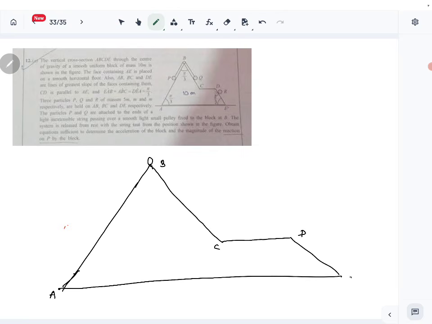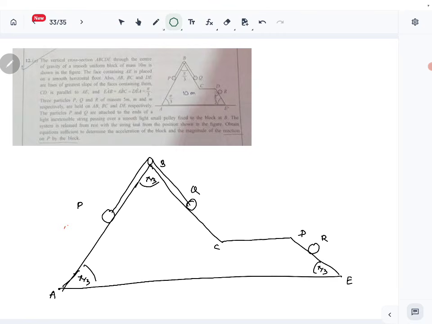Right, so this is particle P, and then this is particle Q, and here is particle R. Then all these angles are pi over 3.